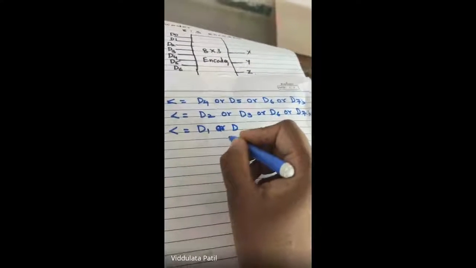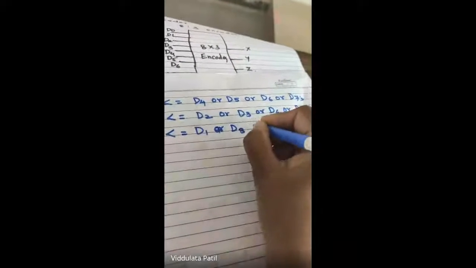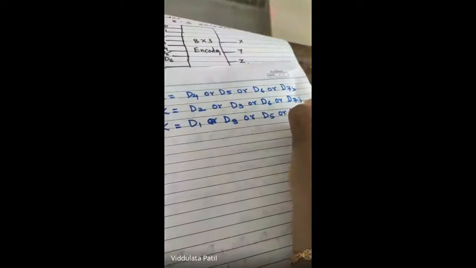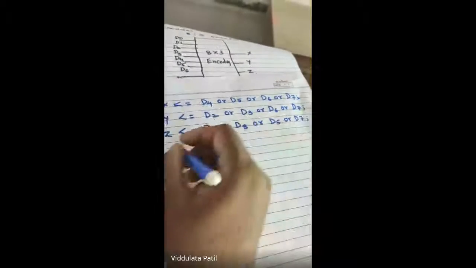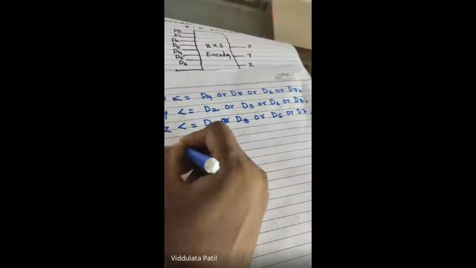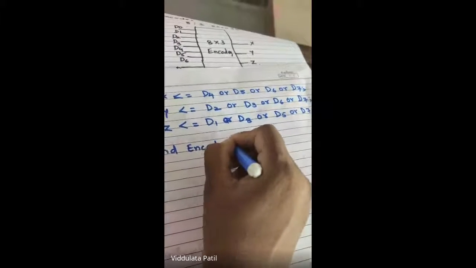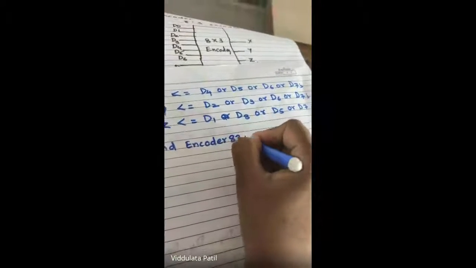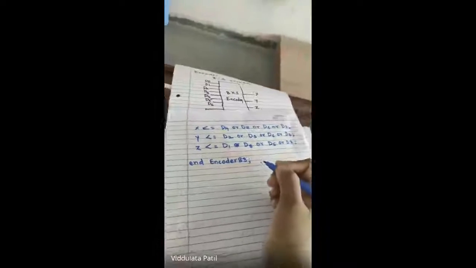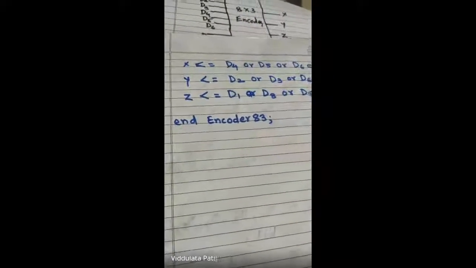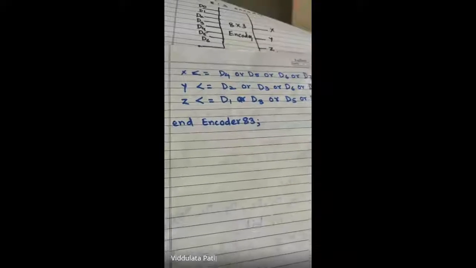So we need D1 or D3 or D5 or D7. Okay, and then end of this architecture. So this is the code for the encoder, the 8:3 encoder that we have taken as an example.